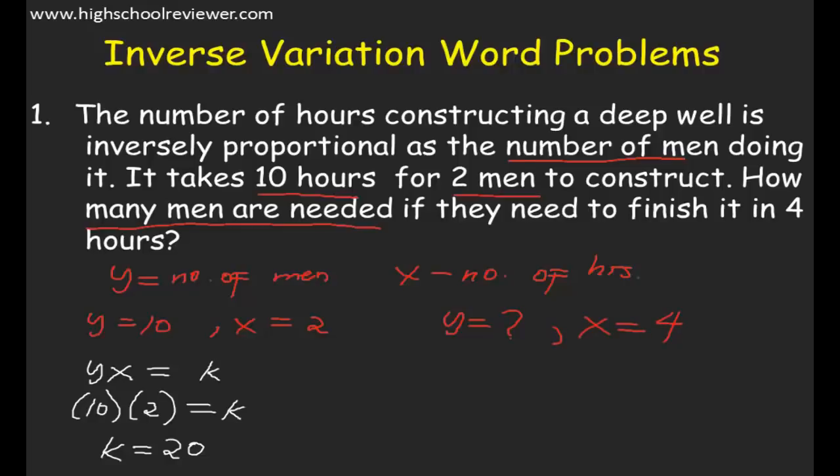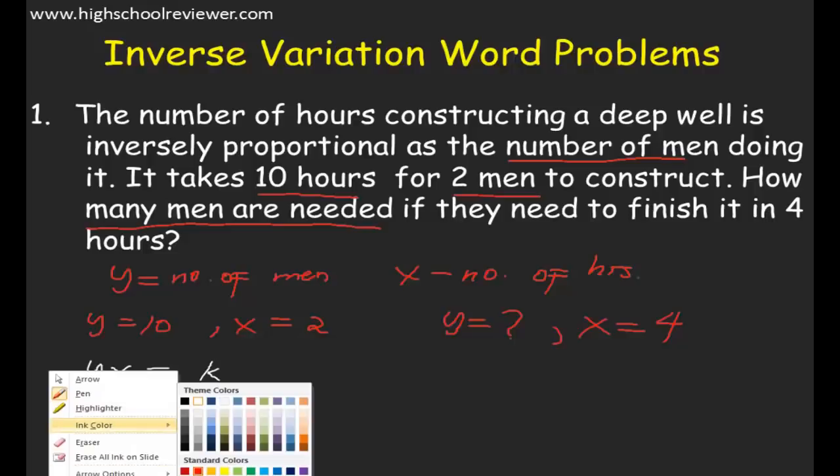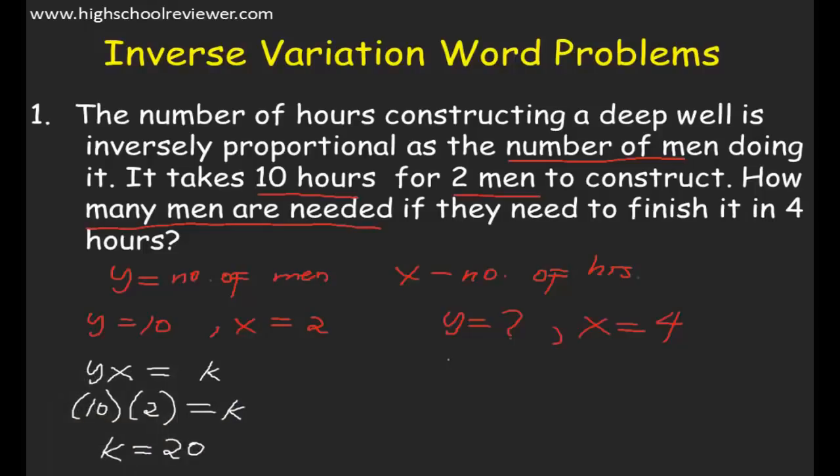So to find Y, we will use the same equation, which is Y multiplied by X equals K. Our Y is the unknown and our X is 4. So this will be 4Y, and our constant of proportionality is 20.